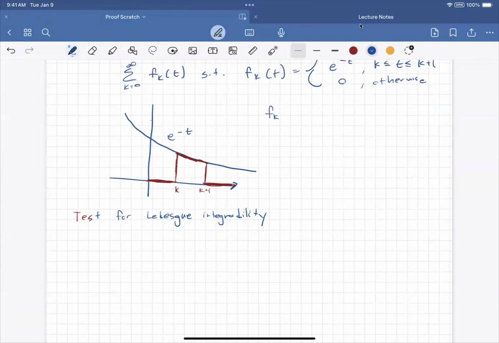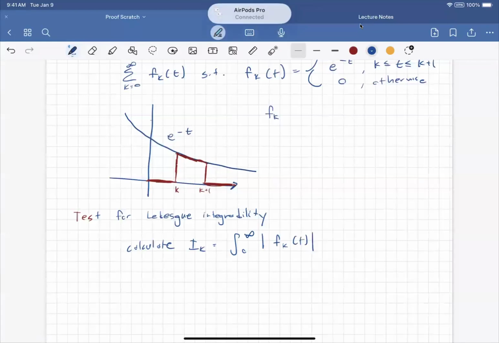We can do that by calculating I sub k, and again, I sub k simply means the kth integral of each member of the series. So it's the integral from 0 to infinity of f sub k of t dt.